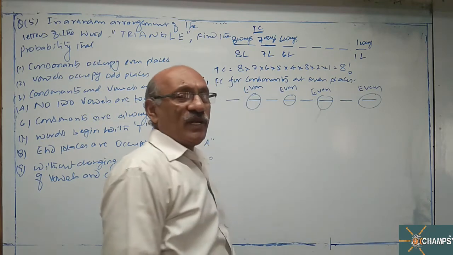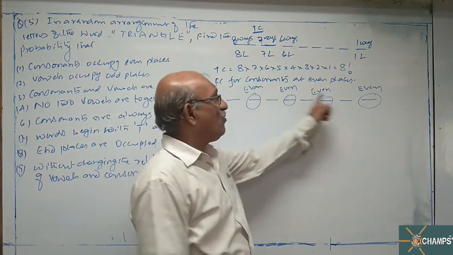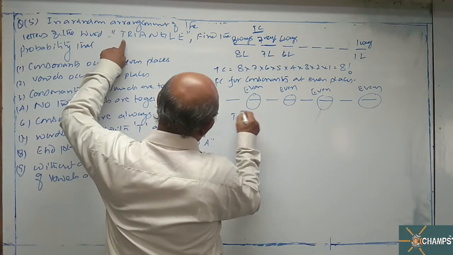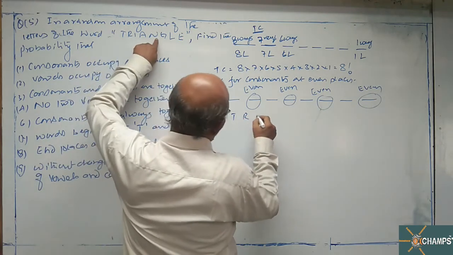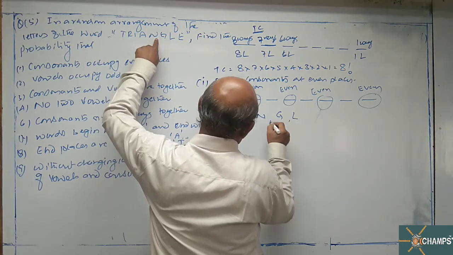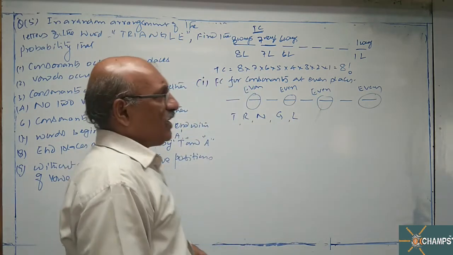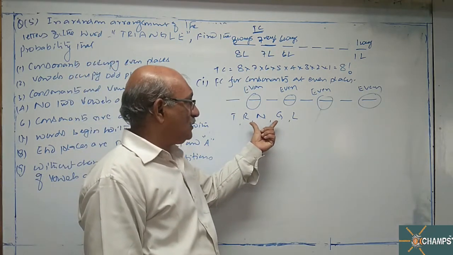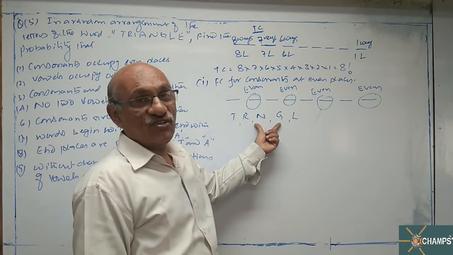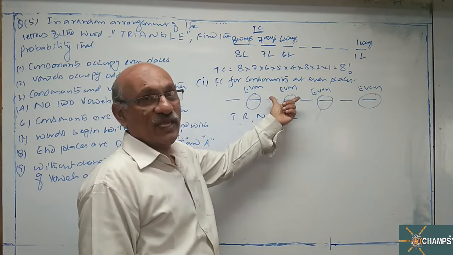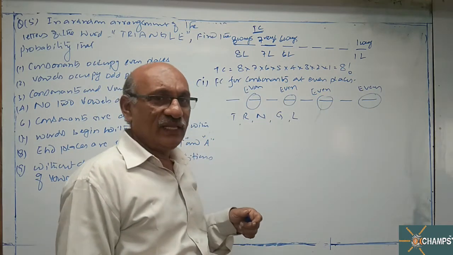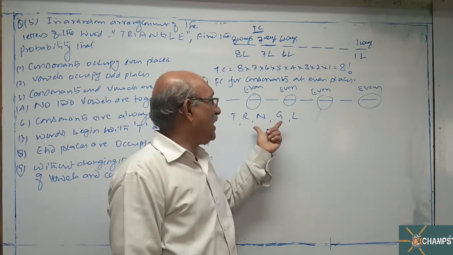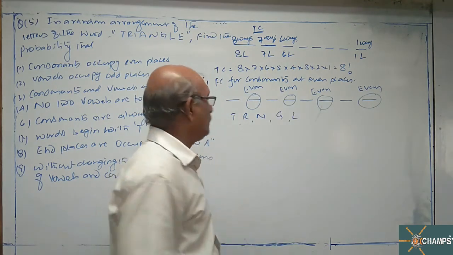How many even places are there? 4 even places are there. But how many consonants are there? T, R, N, G, L. There are only 4 even places, but we have 5 consonants. The objects which we have to arrange are more than the places we have.